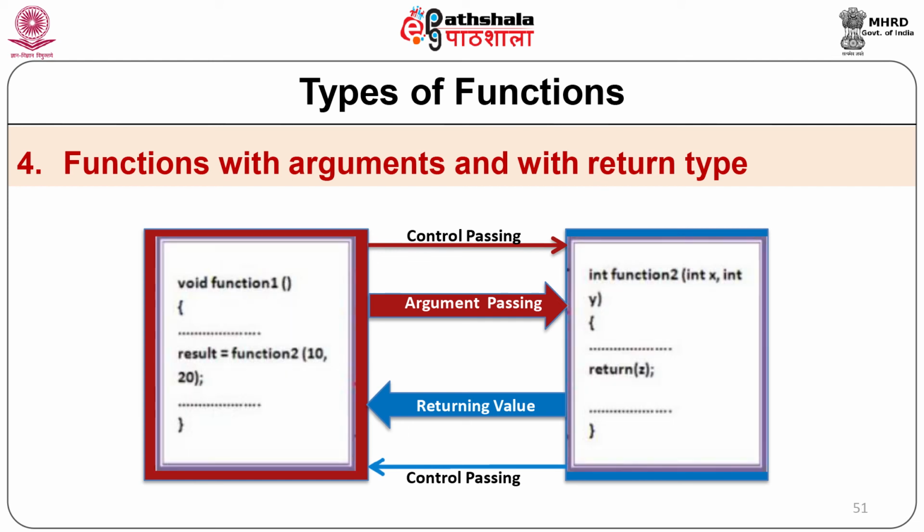C code for function with argument and with return type. You can see in this first code, function 2 in brackets (10, 20) passes argument to the called function, and the called function processes the program and returns some value to the calling function, and control passes back to the calling function.